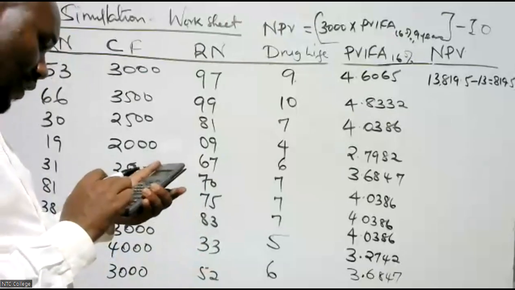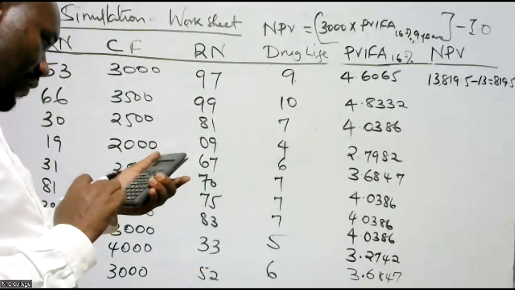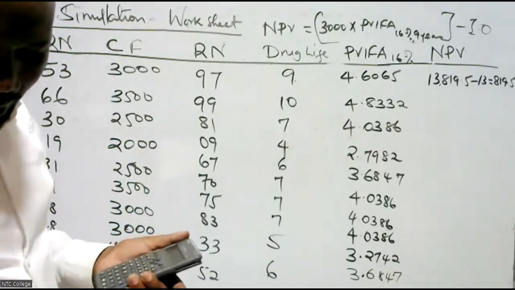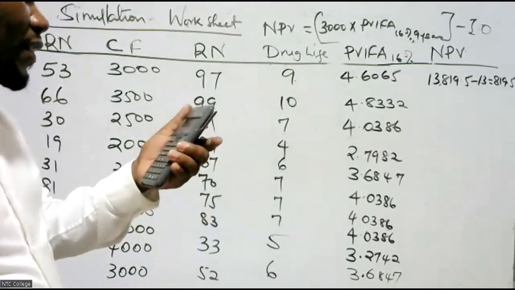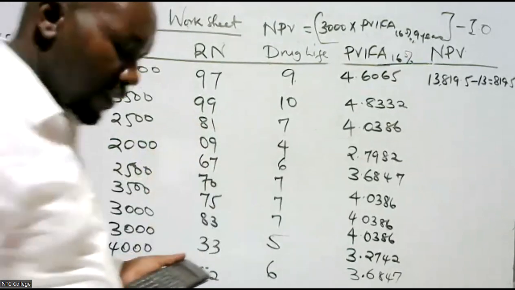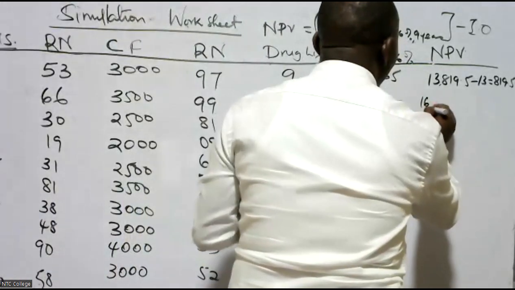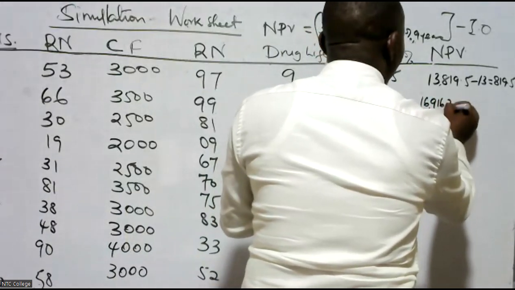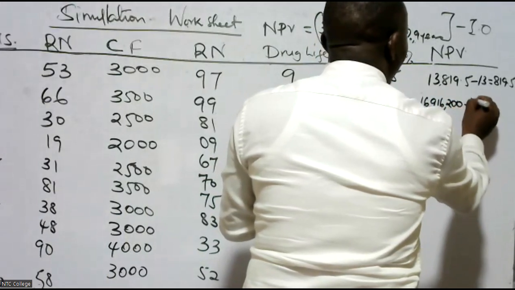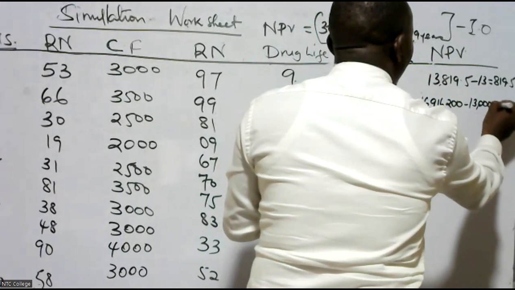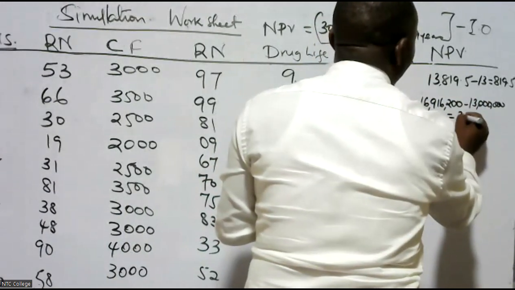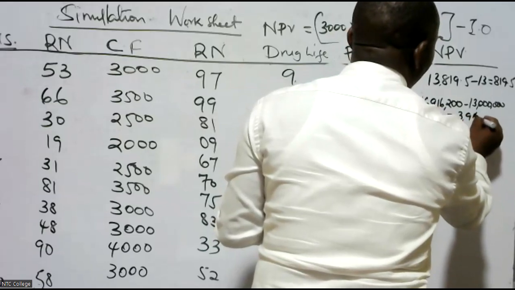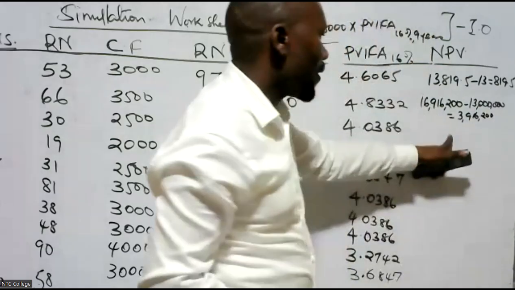This one times 3,500,000, you get 16,916,200, minus 13 million. What do you get? You get 3,916,200. So that is how the figures should be.